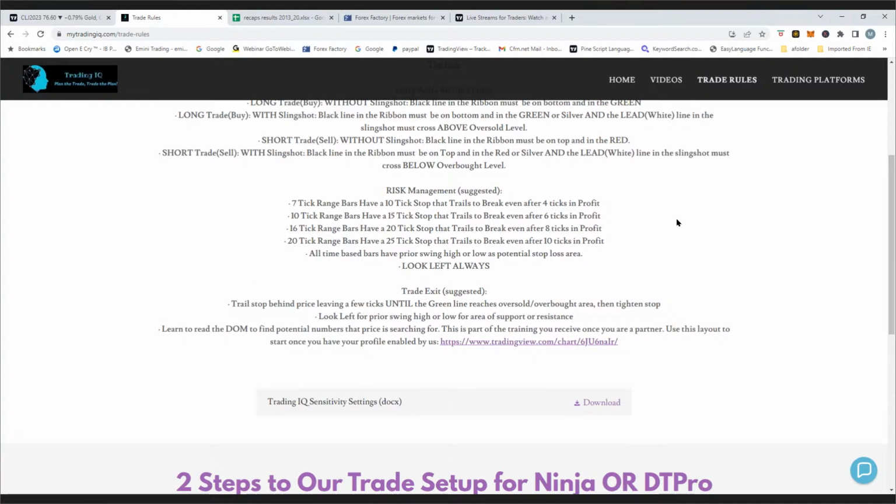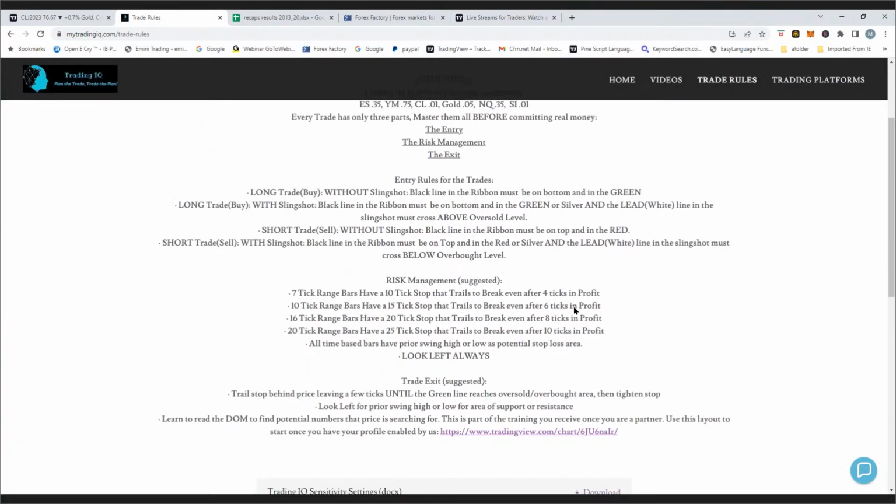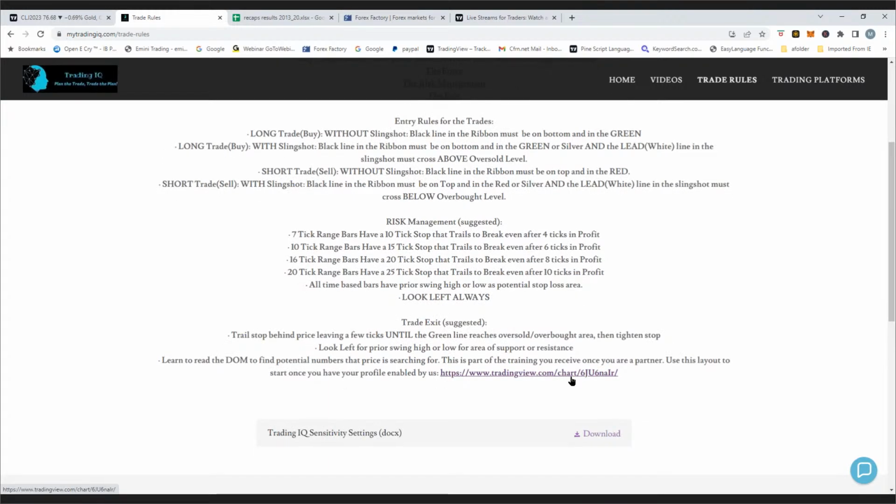It'll be read only. You'll have to click the copy button and save it as your own if you want to do something with it. But even if you don't have TradingView, I think you'll be able to look at that. You won't be able to do anything with it. I'm not sure about that, but I'm going to go check that out in a minute and see if that is true.